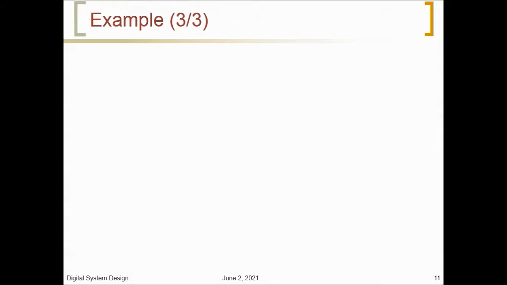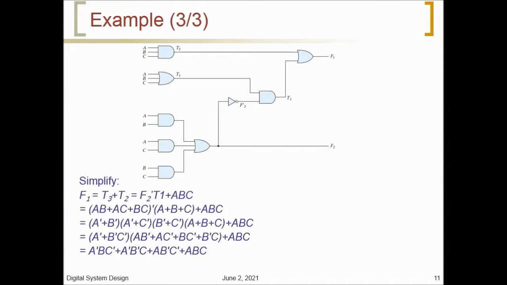F1 is equal to T3 plus T2, which is equal to F2 complement times T1 plus ABC, which is equal to (AB plus AC plus BC) whole complement times (A plus B plus C) plus ABC.